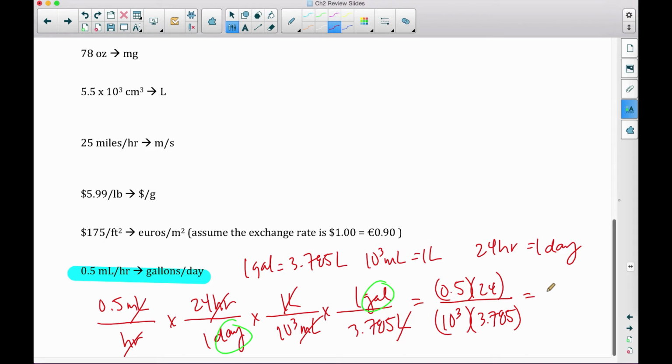If we take 0.5 times 24, we get 12, divided by 3.785 times 1,000, and we're going to get 0.00317. Then we're going to round it to 1 sig fig, so we'll just say 3 times 10 to the negative 3 gallons per day.